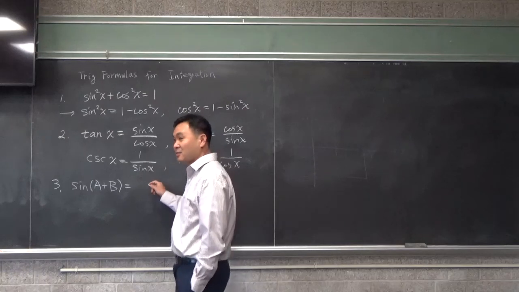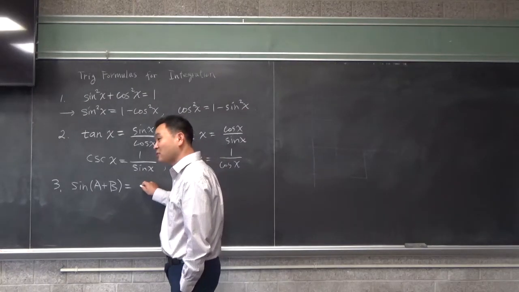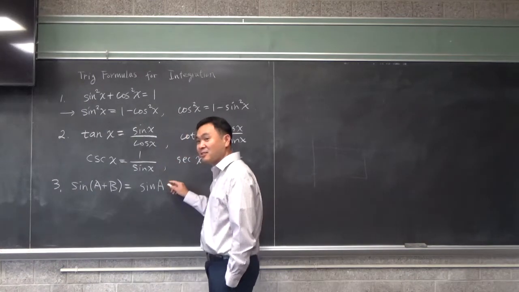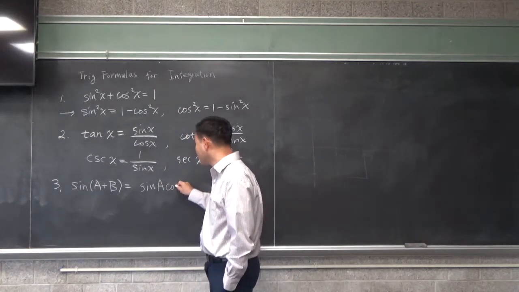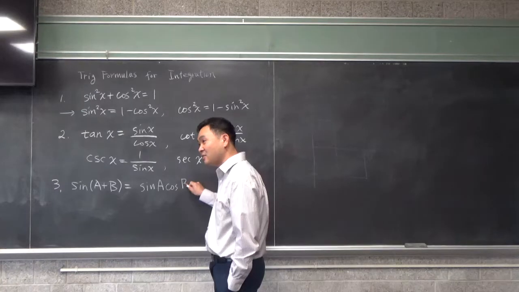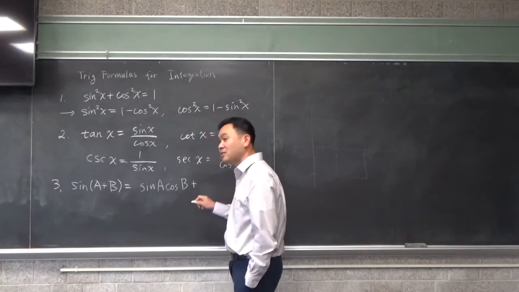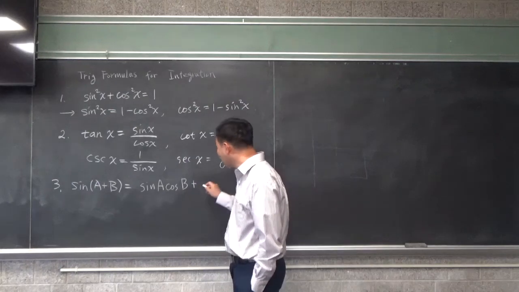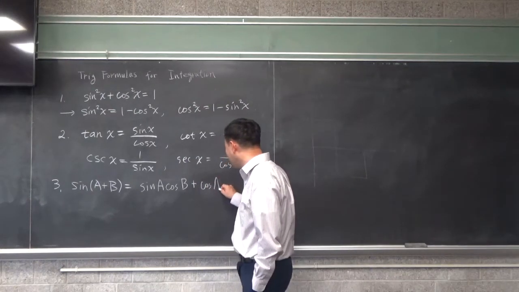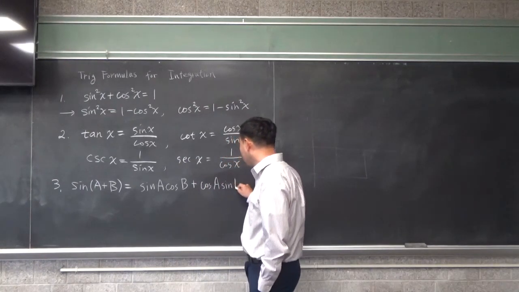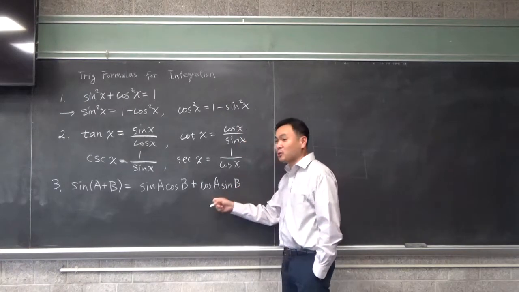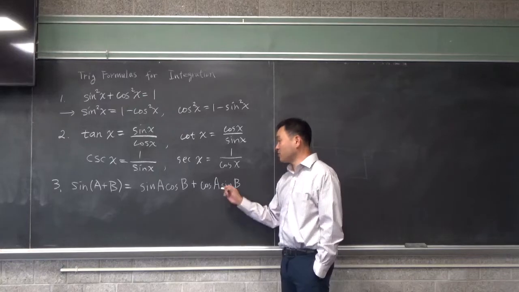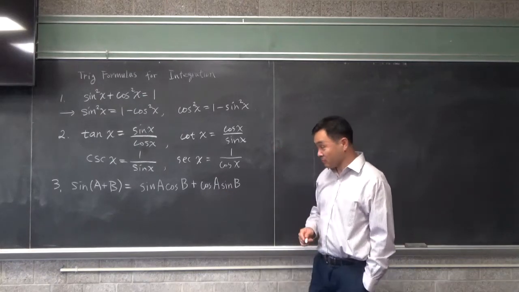It goes like sine of A cosine of B plus cosine of A sine of B. Some people say sine of B cosine A or cosine A sine B because multiplication is commutative. Either way is the same.